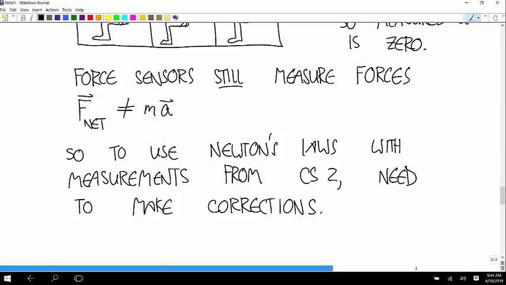That's the same thing if you have an accelerating origin of a coordinate system, you need to make corrections for your measurements, and we do that with relative motion equations. This is going to be a different approach for correcting it, but it's the same idea. We have to correct for what it's not seeing that a ground coordinate system would see.